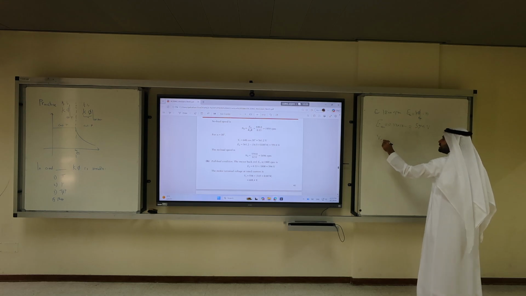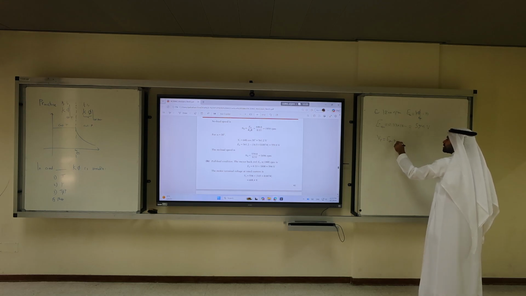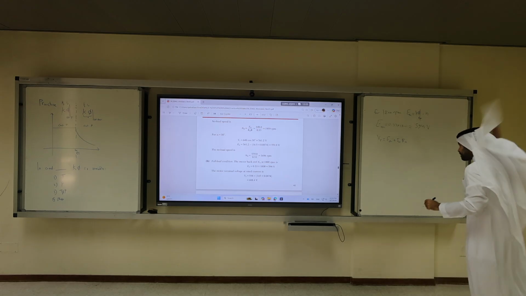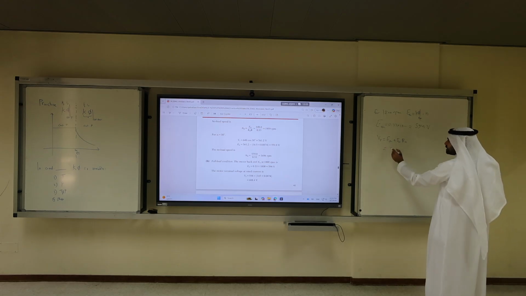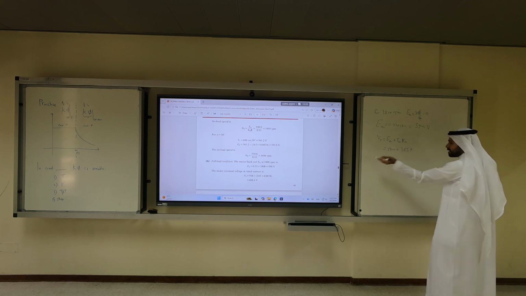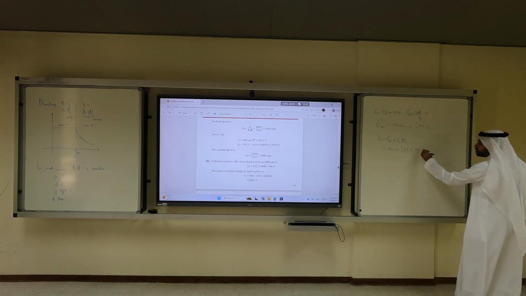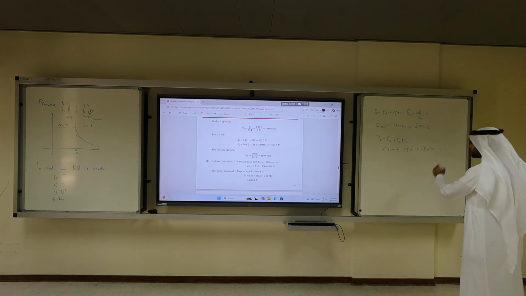Now, what is VT equal EA plus IA RA. This is separately excited. So VT will be 594 plus 165 times the RA, which is 0.0874. Then you will get the corresponding 608.4.